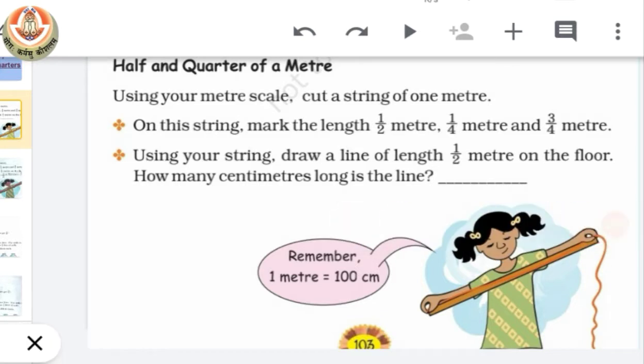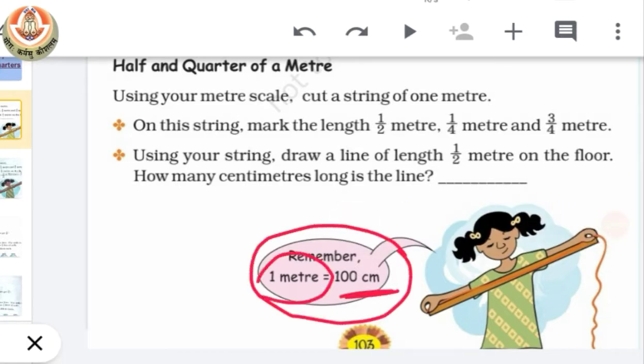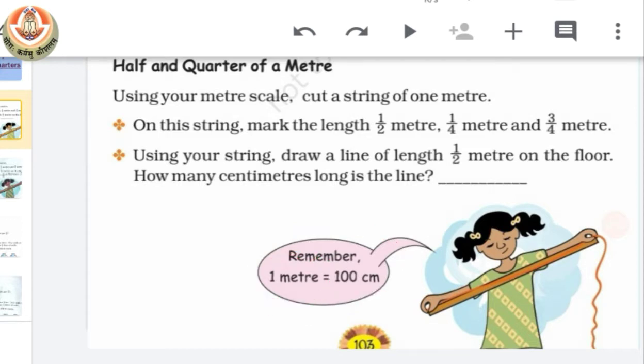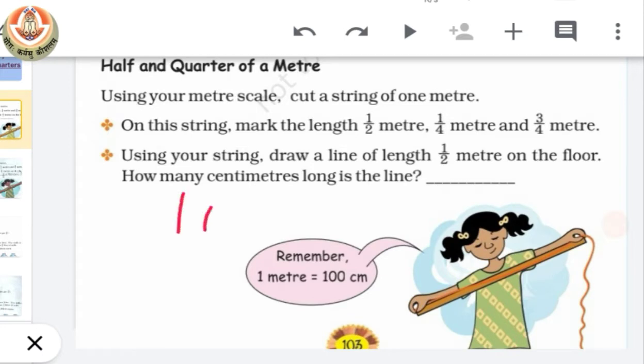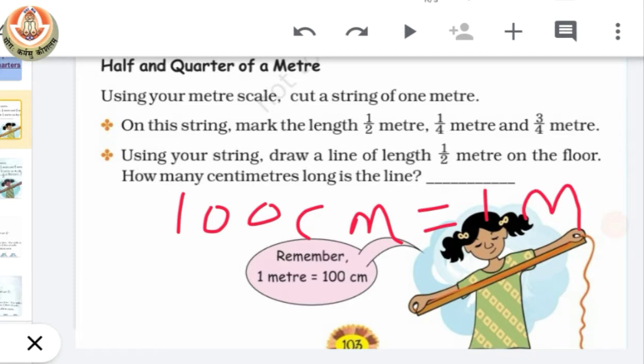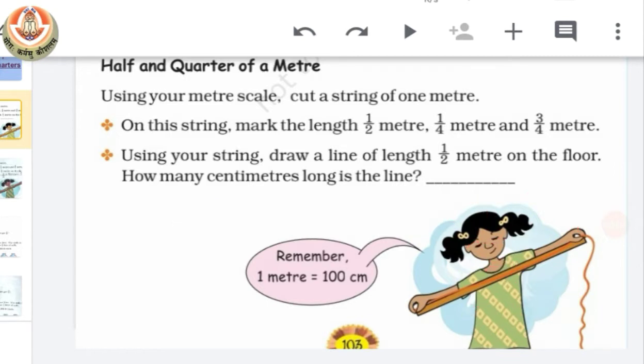So we all know that we have 100 centimeters in 1 meter. Okay, in 1 meter we have 100 centimeters. So we have to answer how much in half a meter.